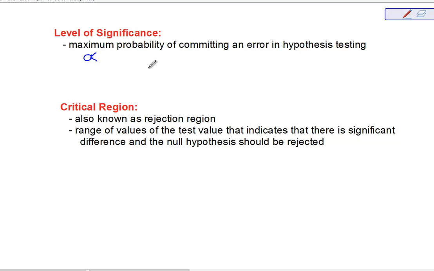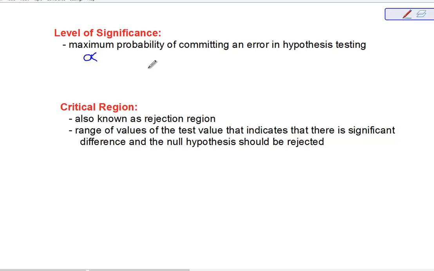Then we look at the critical region. It's also known as the rejection region. It's the range of values of the test value that indicates that there is a significant difference and the null hypothesis should be rejected.